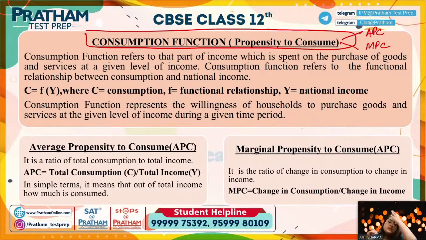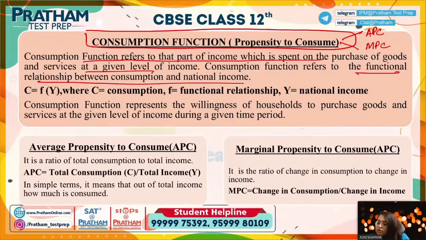And ये जो आपका consumption function है, it actually shows the functional relationship between consumption and national income. अब of course सीधी सी बात है कि consumption जब आप कर रहे हो, आपका कोई certain amount of income है, आप उसमें से consume कर रहे हो, right? So एक particular part of income जो आप consume कर रहे हैं, goods and services का purchase कर रहे हो, जो भी कर रहे हो, right? So that is what consumption function is all about. So it refers to what? It refers to actually the functional relationship between consumption and national income.